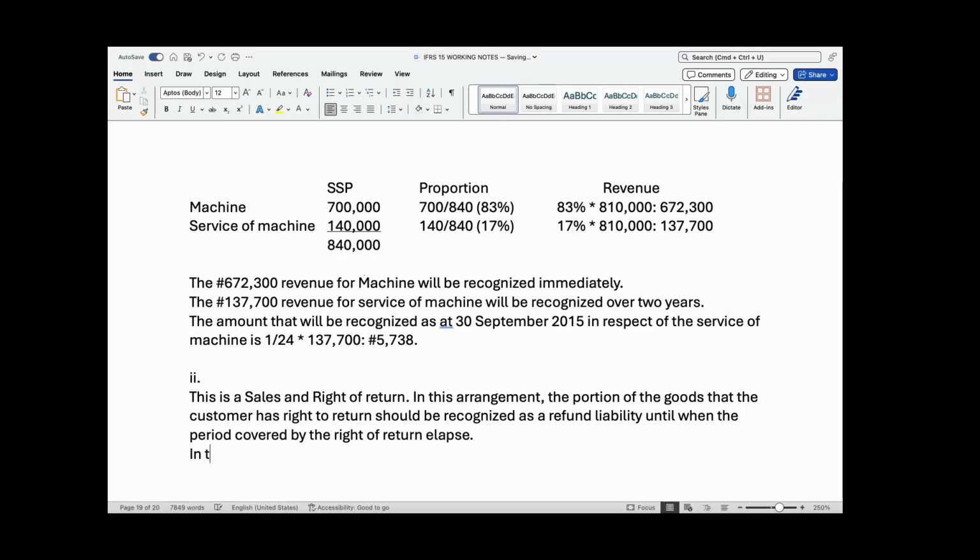So in this question, the transaction will be recognized as below. So how much are we recognizing as revenue? How much are we recognizing as refund liability?